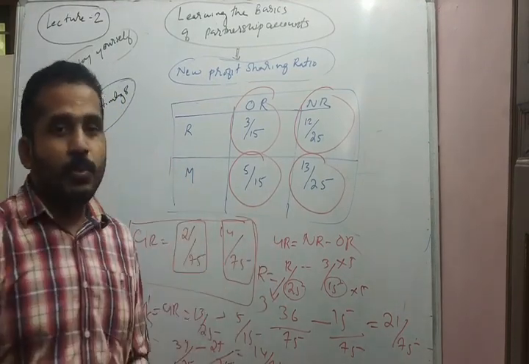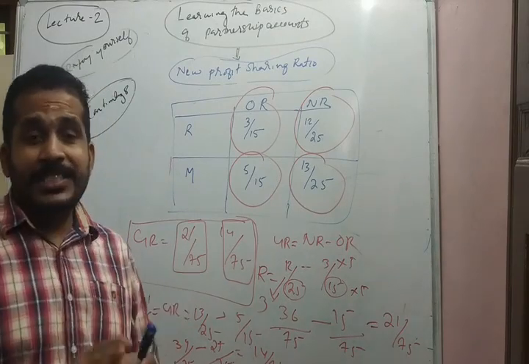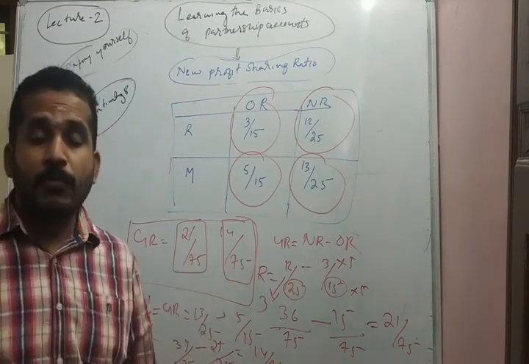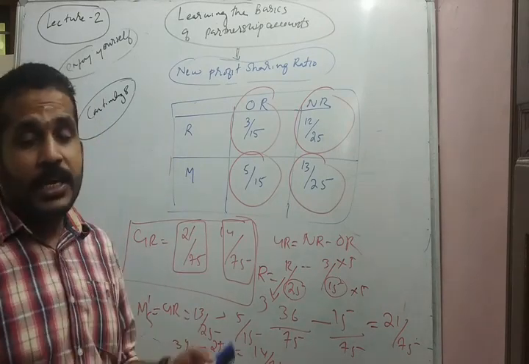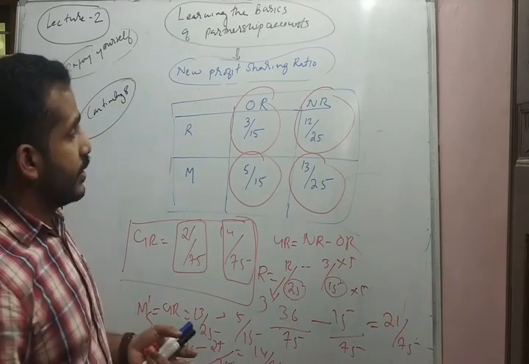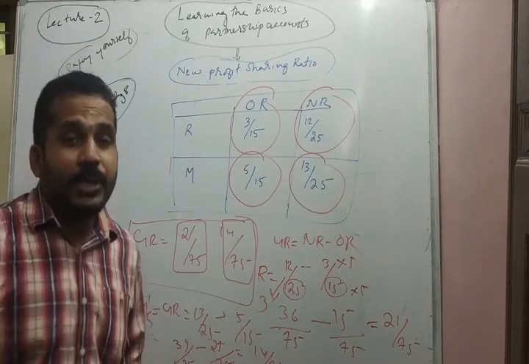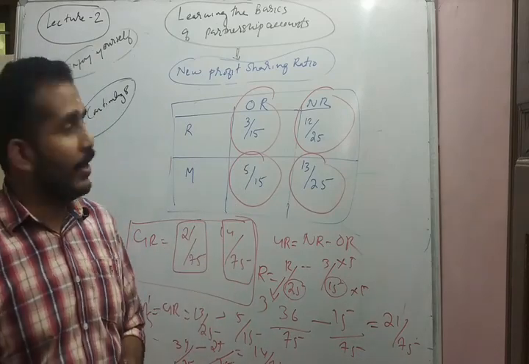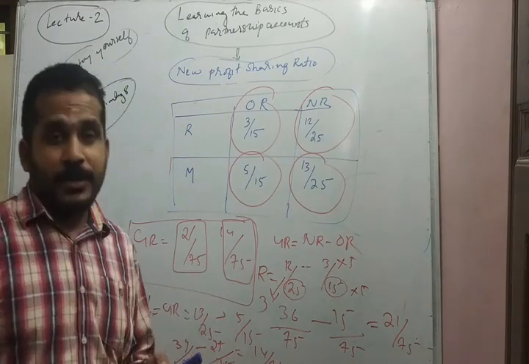So in this way also we can calculate the gaining ratio, but this is not for your examination, it should not be part of your working note because we already calculated the ratio gained by the existing partners. So this is all about computation of profit sharing ratio and analysis of gaining ratio in the case of retirement.